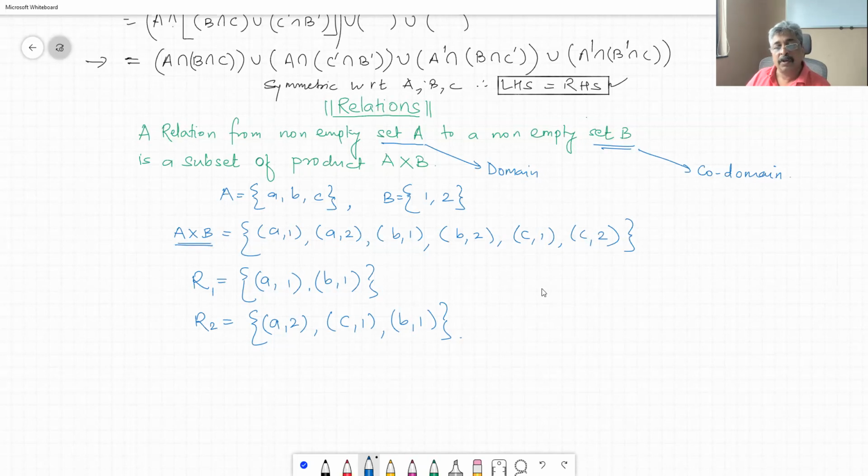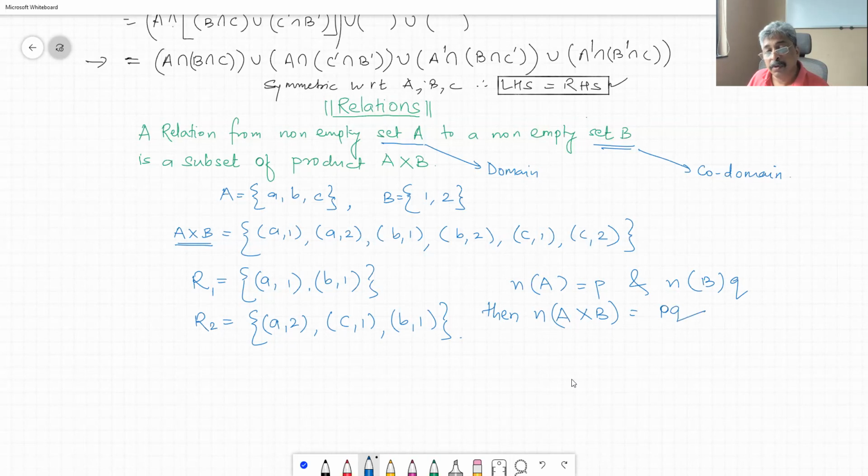Question: if A has P elements and B has Q elements, then A cross B will have how many elements?